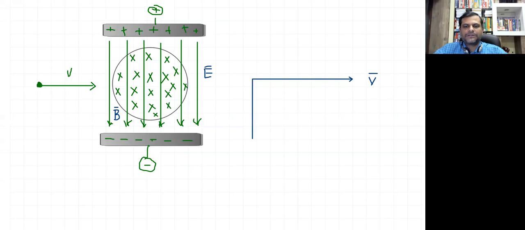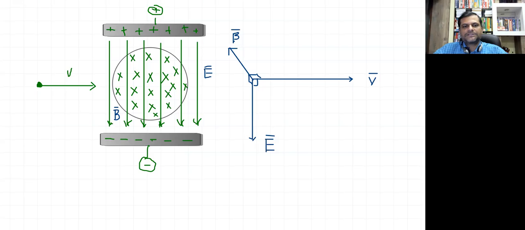We call the electric field E bar, and the magnetic field B bar. So basically this is the triplet. You can see all three are at right angles to each other.